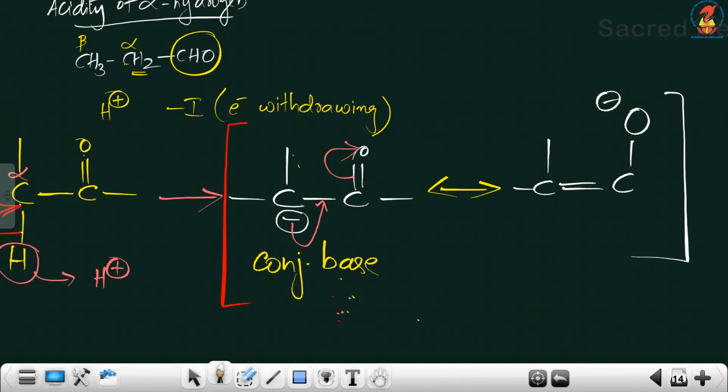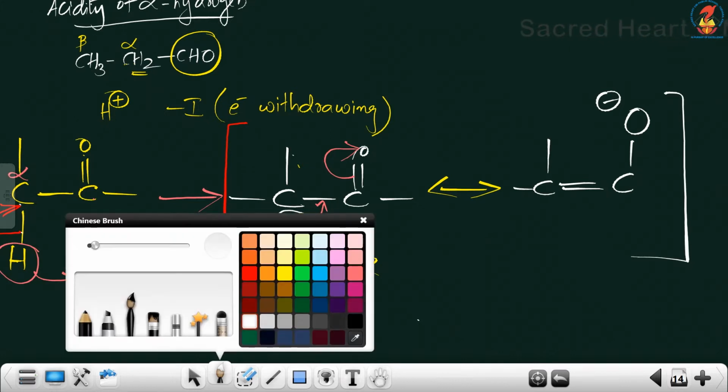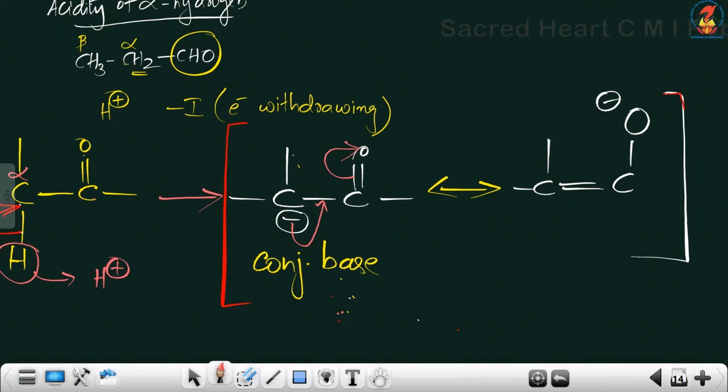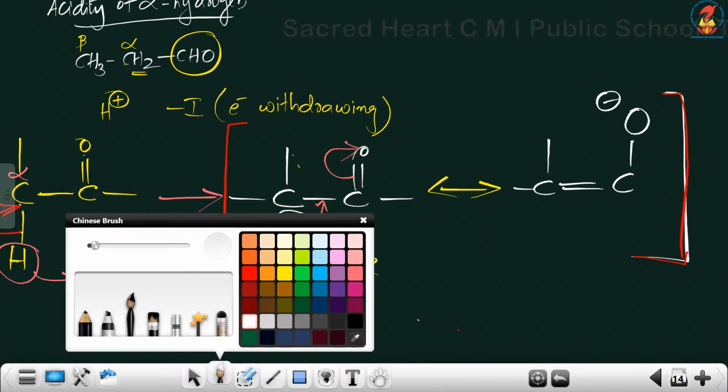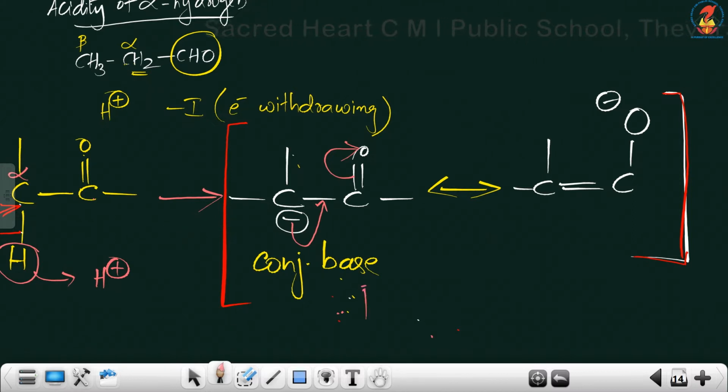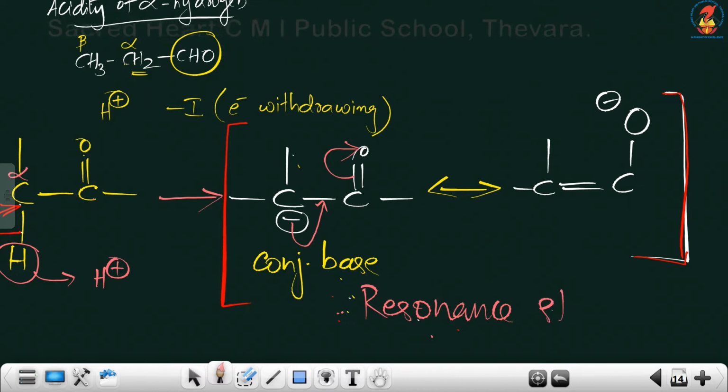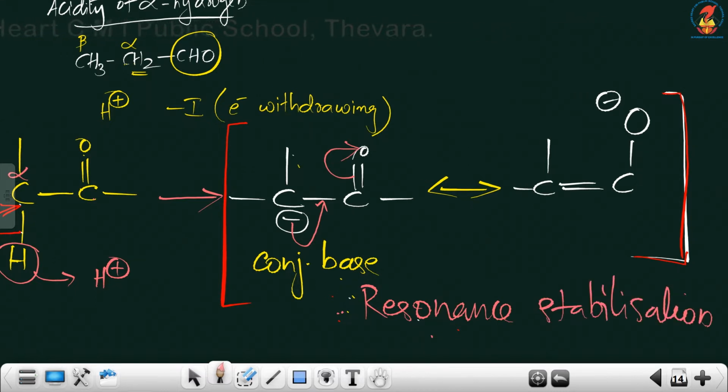Okay. So, what we have represented inside the square bracket is representing the resonance stabilization. Resonance stabilization in what? In this conjugate base.